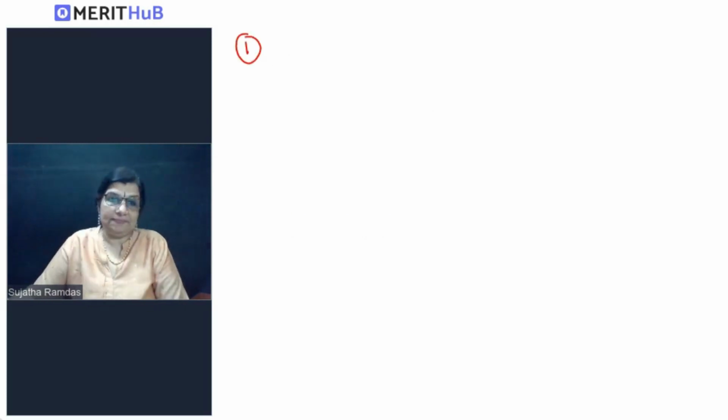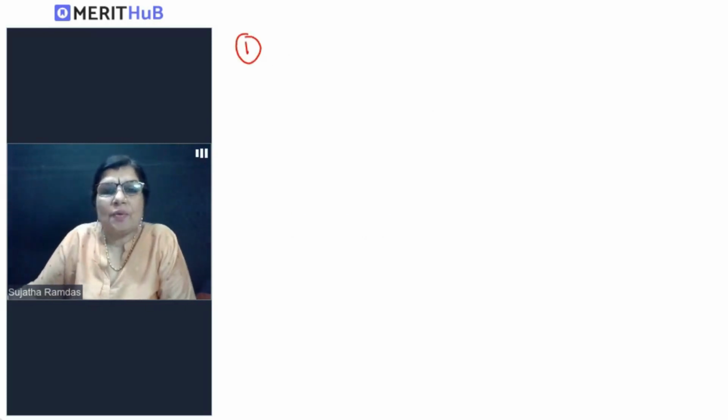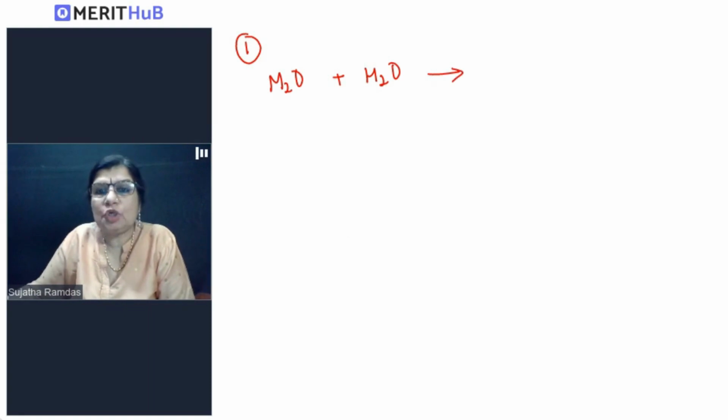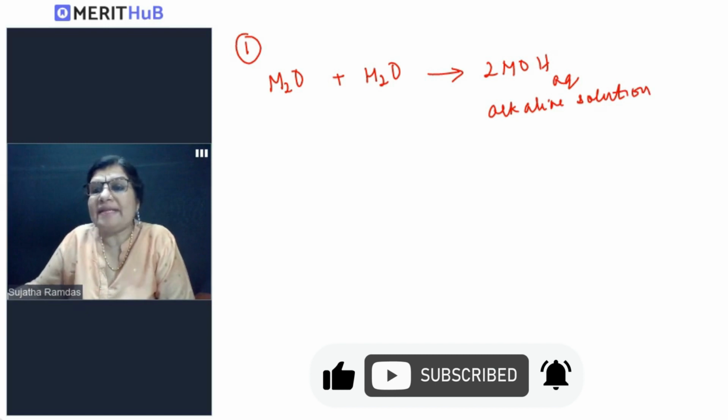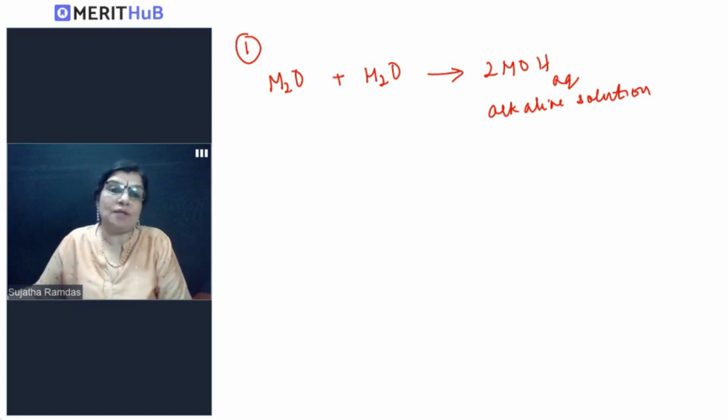Okay, so that is the first comparison. Now, any group 1 metal oxide will dissolve in water to produce an alkaline solution. So an alkaline solution is what is expected when a group 1 metal oxide dissolves in water.